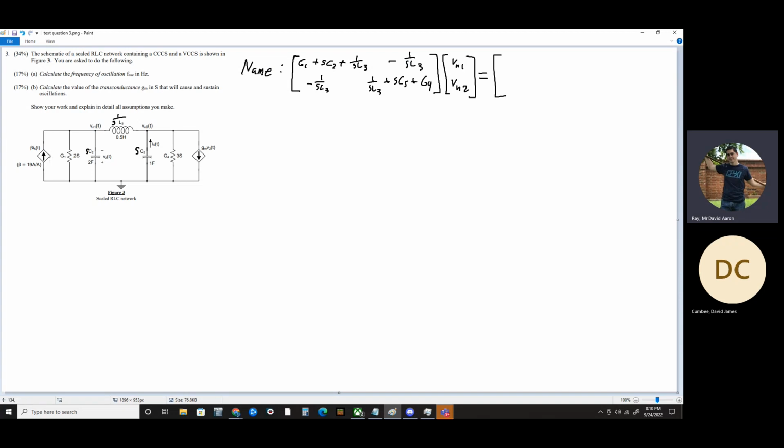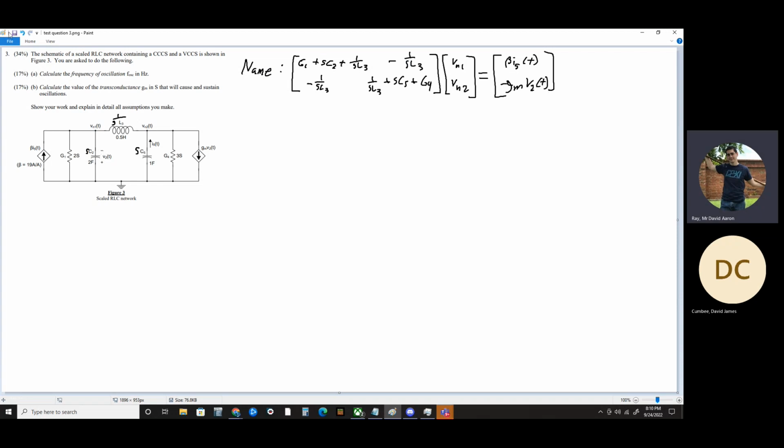We see that this one flows directly into Vn1, so if something flows into it, that's positive, and if it's flowing away from it, that's negative. So we see b I5(t) is flowing into Vn1(t). So that is going to be b I5(t). And then this is going to be negative gm V2(t).